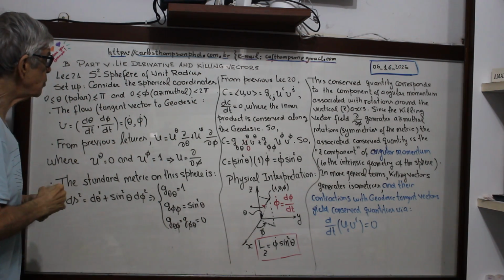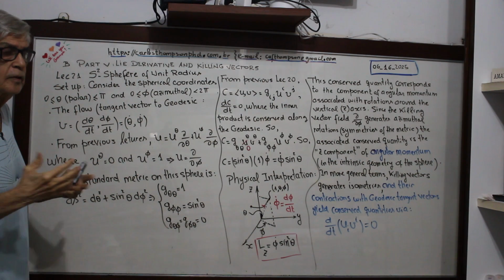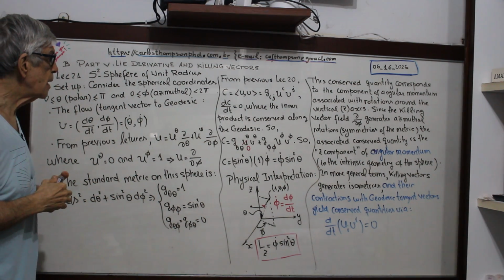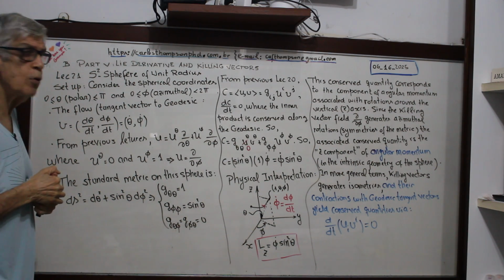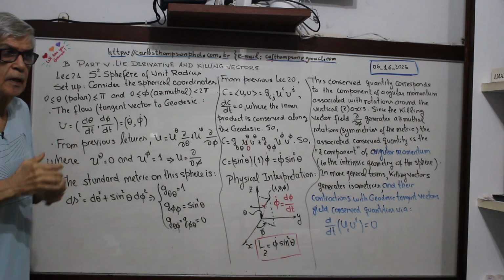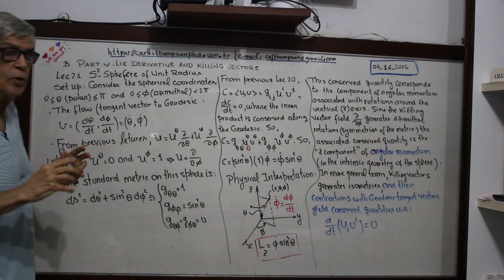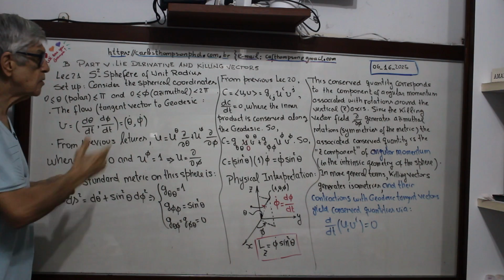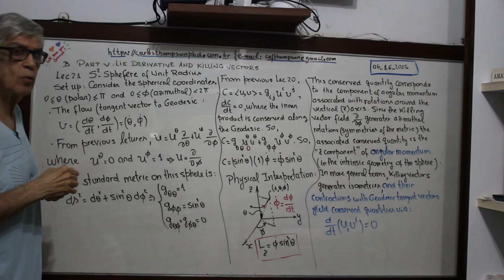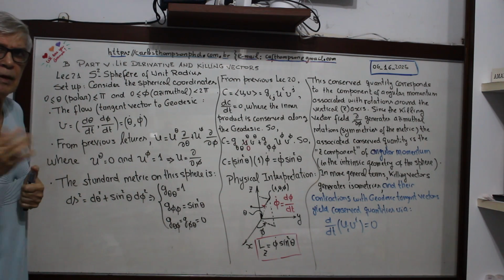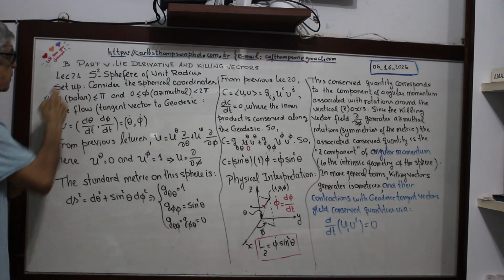You see, we already derived for this sphere that we obtained the Killing vector u. That's important. I will use this just to show the conserved quantities using the previous lecture 20.